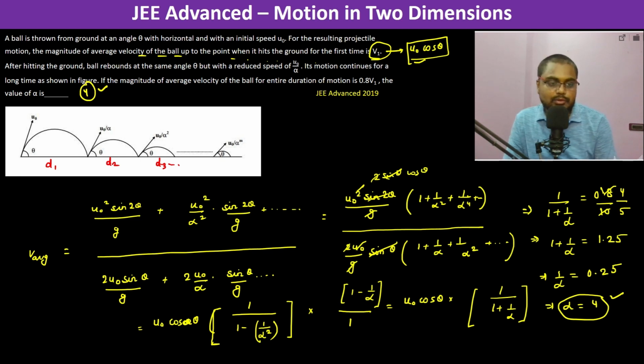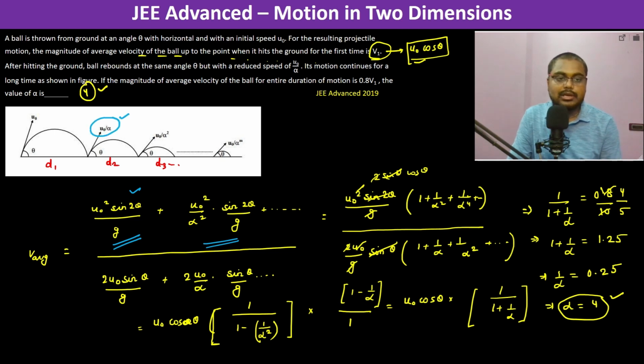So if we see the total displacement, this is d1, u naught square sine 2 theta by g, this is u naught square by alpha square, because here the u naught has decreased by alpha, so alpha times it has decreased, so therefore this formula comes, and this is again for the time period. So therefore when we add the total displacement, and this is going to be the total time taken, we get this entire thing.